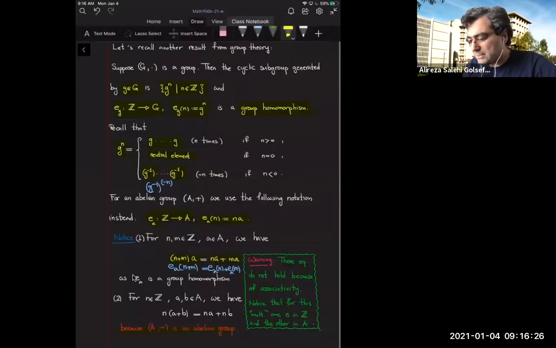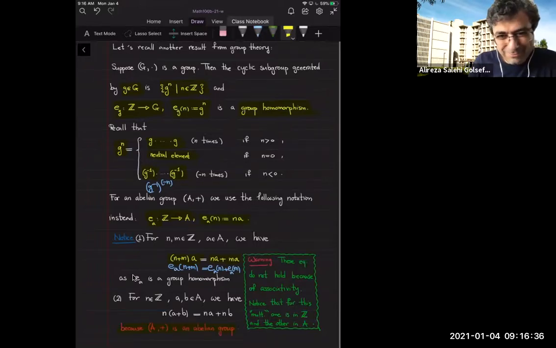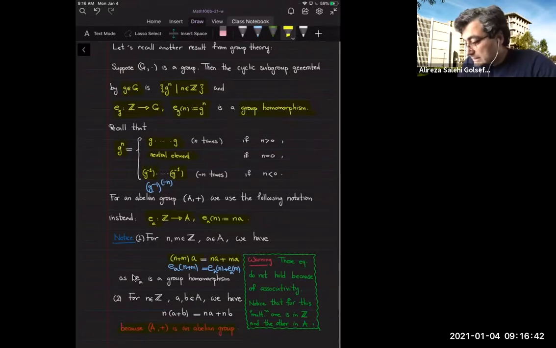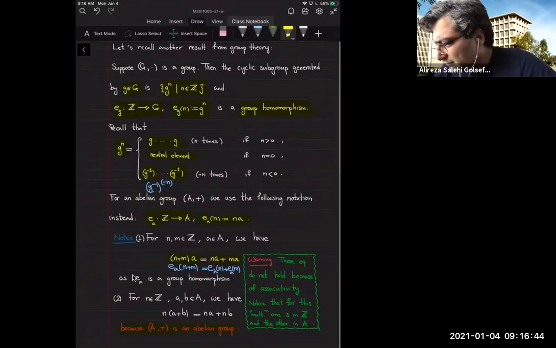So we get this property mainly because the group is abelian. Again, the warning is that we do get these nice distributive properties. Here I wrote associativity, but I should say distributive property.